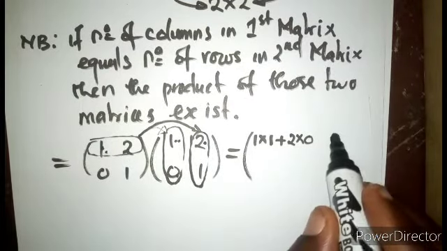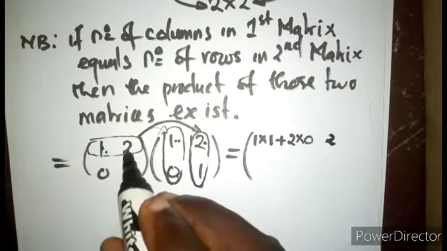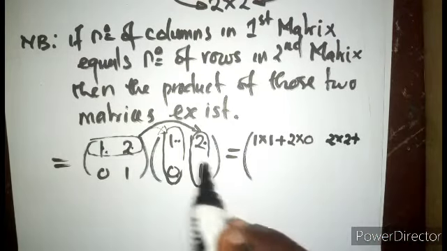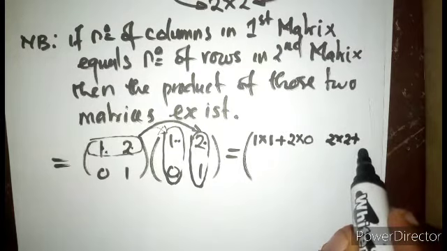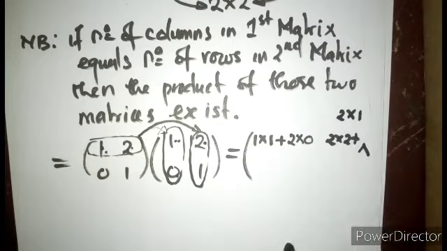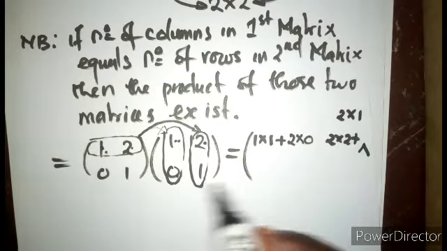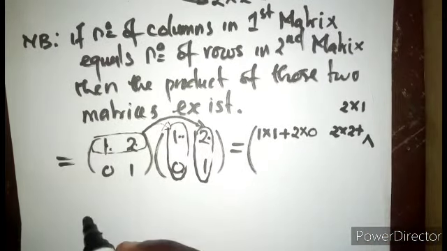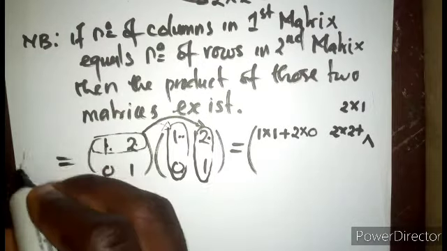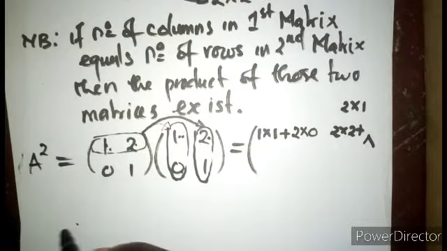1 times 2, we have 2 plus 1 times 2 plus 2 times 1. Oops, let me put it up here. 2 times 1. Okay, now this is a square we are working on.